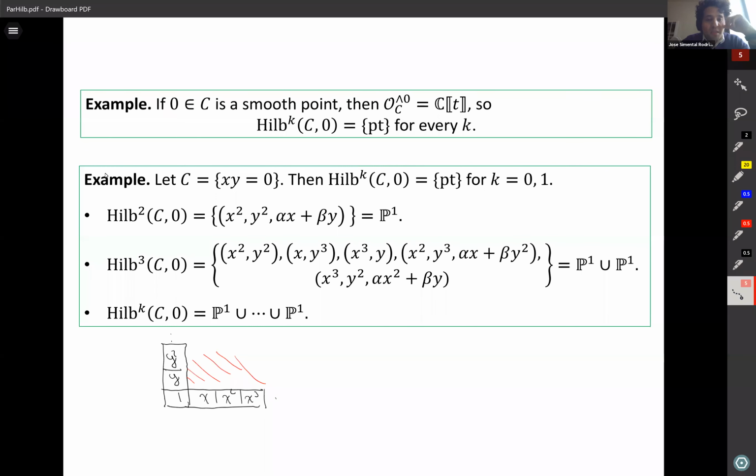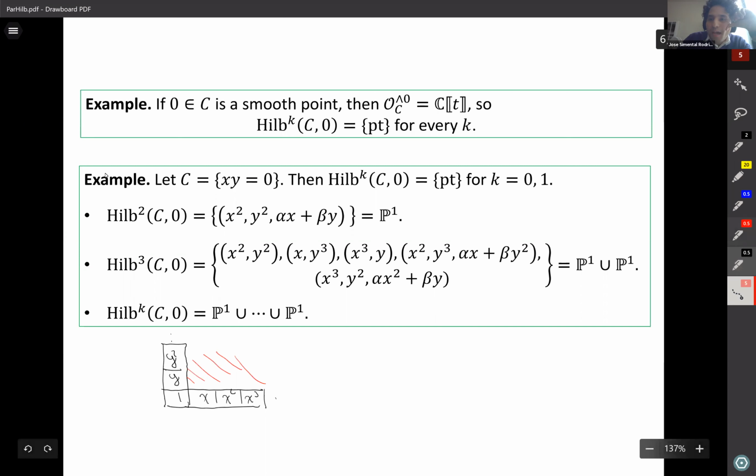If we go for the Hilbert scheme of 3 points, then we have this monomial ideal generated by x squared, y squared, and we can see that we also have these two monomial ideals. Moreover, if we mod out by x squared and y cubed, we have an ideal of codimension 4. One more relation, we move to codimension 3.